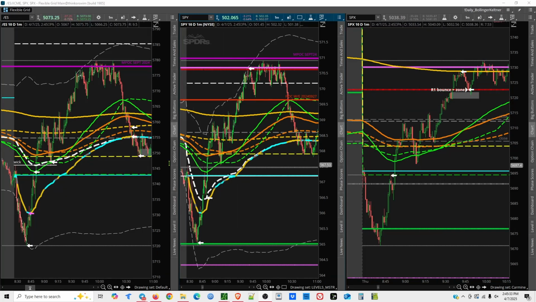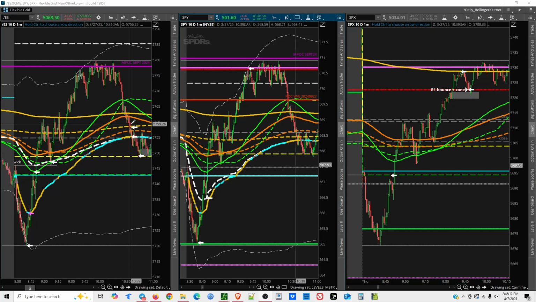Now, what happened after that? The market did roll over after it got back up in some of these other areas, like yesterday's VWAP close on SPY and this monthly POC level from September. But it rolled down, and what did it do? It bounced right here on VWAP again. And it bounced from 54.93 to 58.